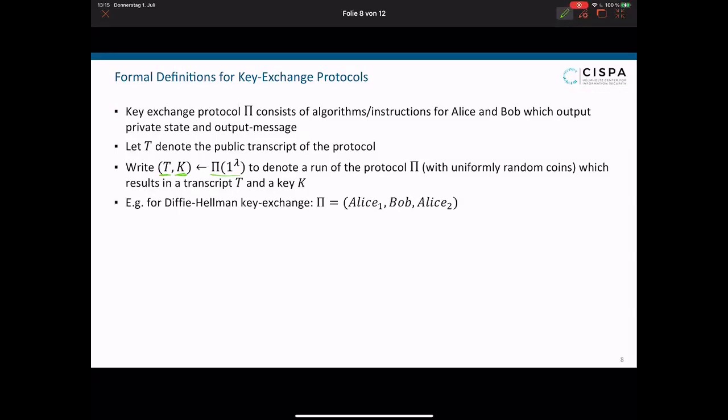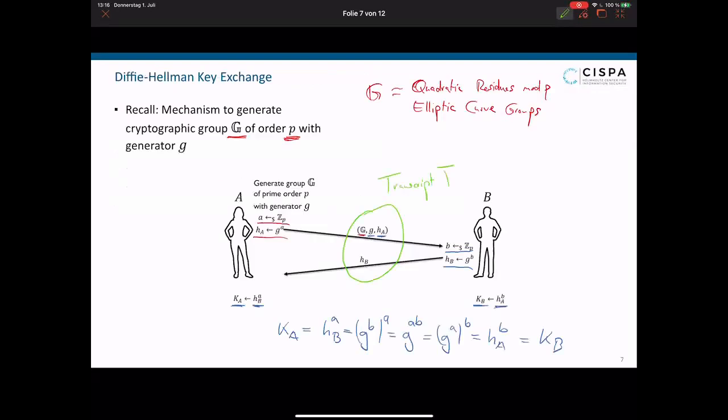Good. And for the Diffie-Hellman key exchange protocol, we have three algorithms. LS1, let's go back. LS1 is just what's happening here.